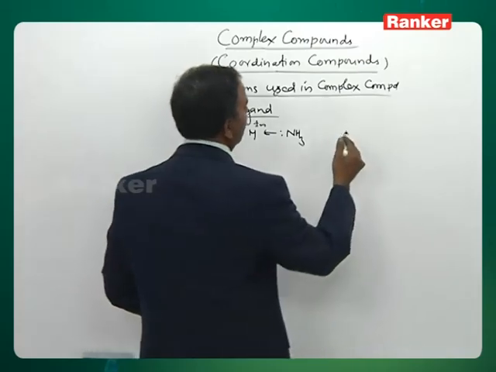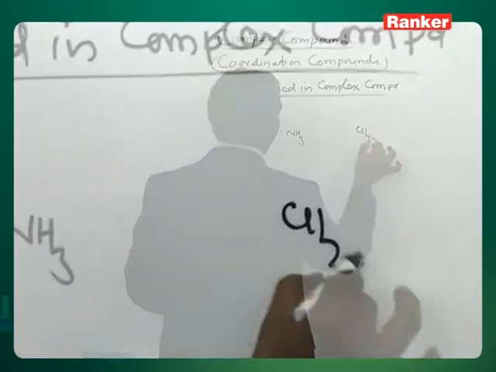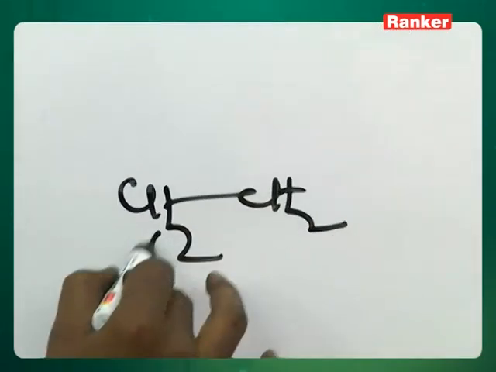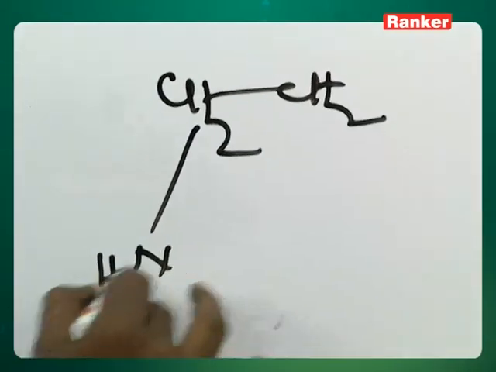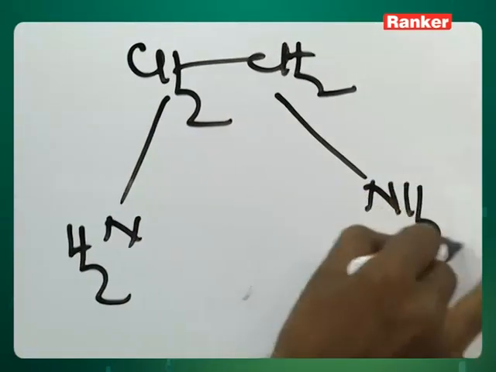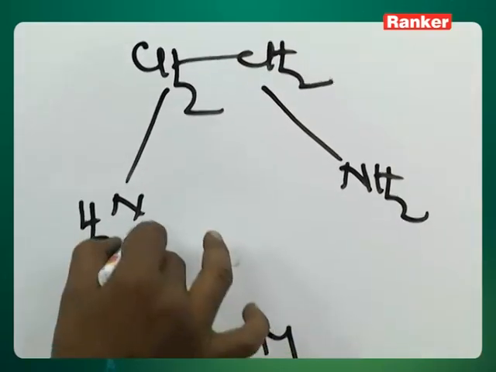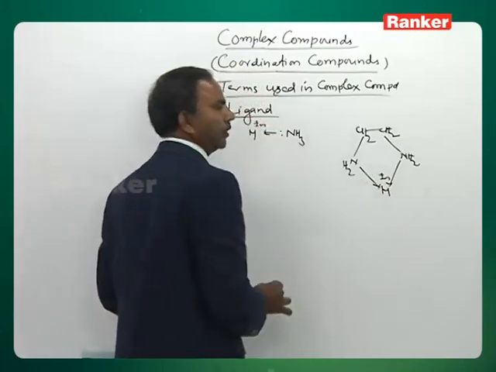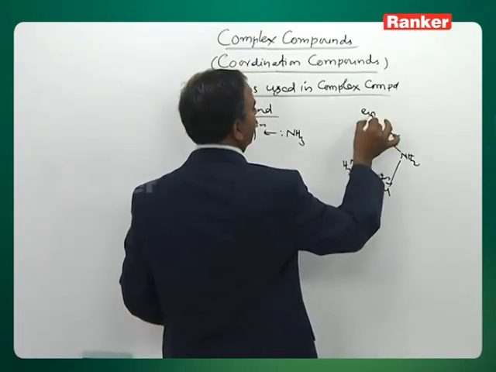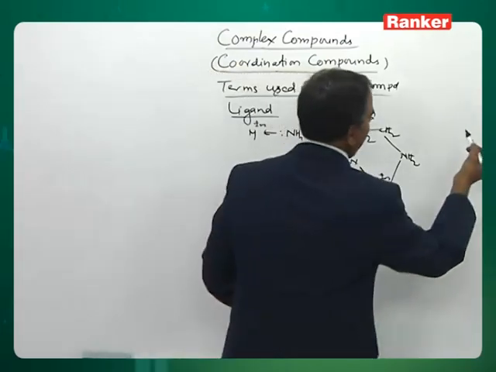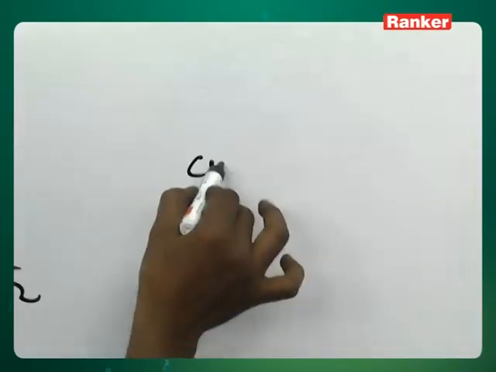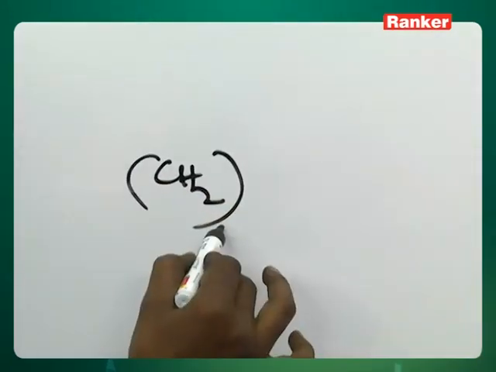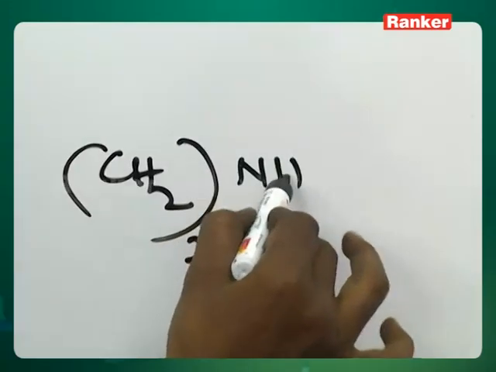Let us see ethylene diamine. Let me write ethylene diamine. It is donating two donor atoms, en or ethylene diamine. Next, take diethylene triamine.